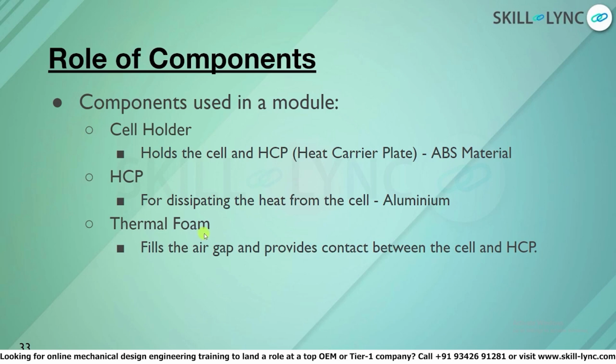And when it expands, since foam has the capability of taking deformations, the foam takes over there. So the foam which is used has to be calculated such that the foam is compressed to only 30% or 40%, and you still have that 70% of elongation left with the module, so that whenever the cell is expanding and contracting, the thermal foam takes those changes in the dimensions or thickness of the cell.